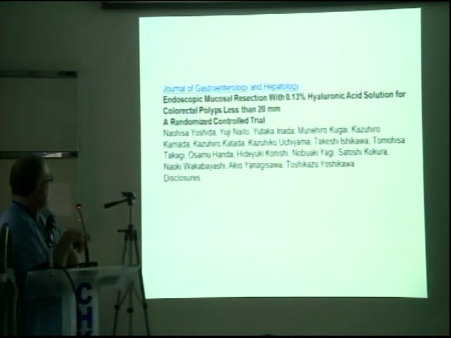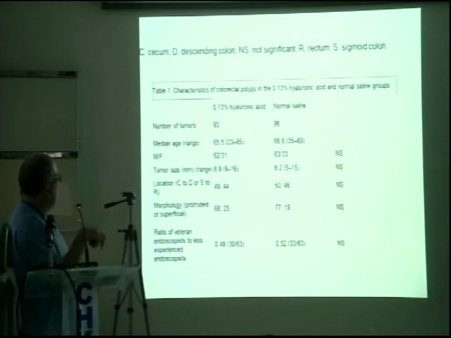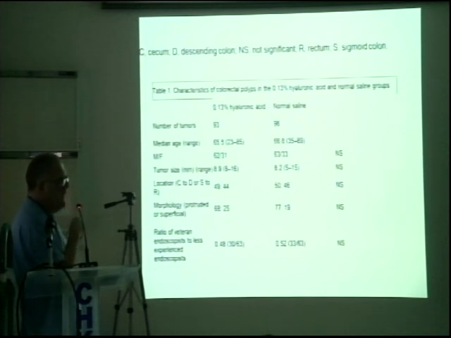There's a randomized control trial that was done, and on this they show the size using hyaluronic acid. They show the size and efficacy of doing the polypectomy and have an assurance of the size, morphology, location, etc. And they split it down to age, using saline versus hyaluronic acid.